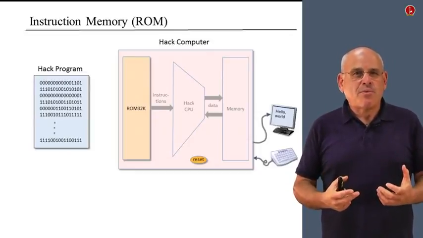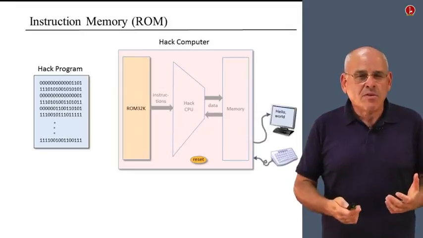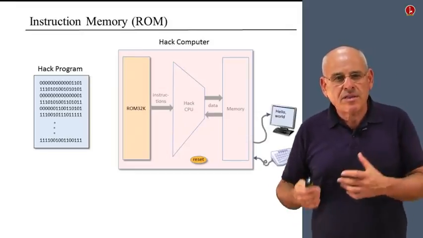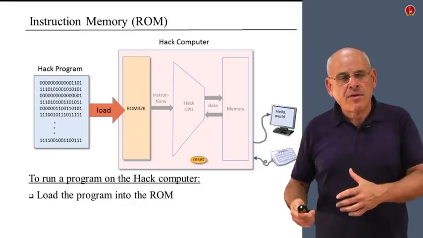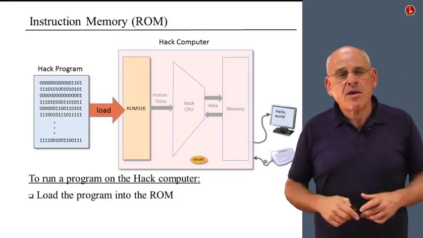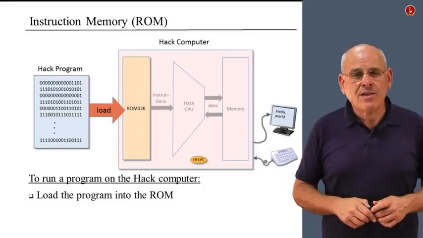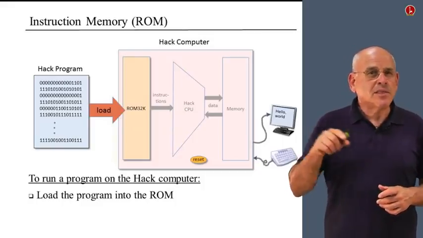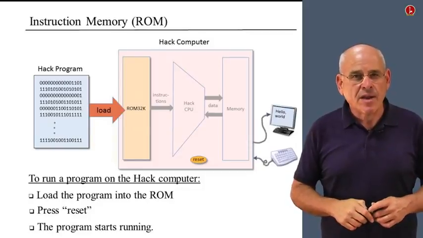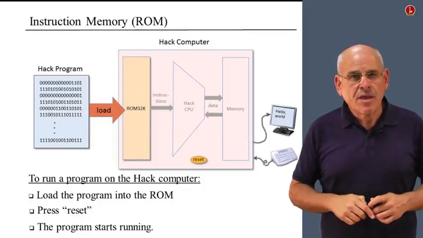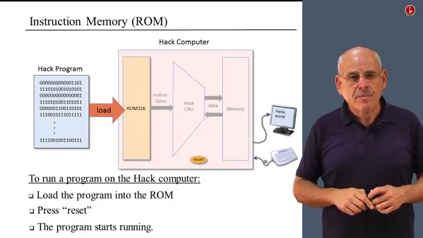In order to run this program, the first thing that we have to do is somehow load it into the computer, right? So we load it into the computer, and in particular we load it into the ROM32K chip, we press the reset button that we just discussed, and the program will start running. This is the abstraction that we want to implement.